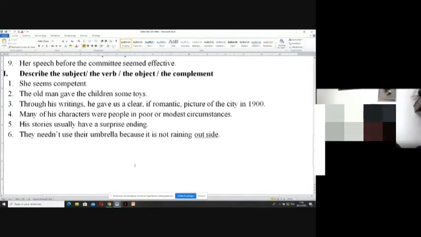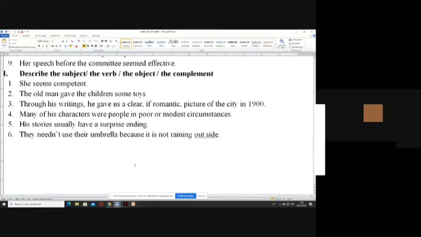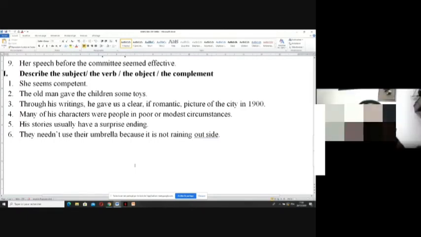Yes, good. So now just more clarification. When I say his stories, this is the subject. What kind of subject here? His stories, it's a noun phrase. Yes, good. So have a surprising ending.